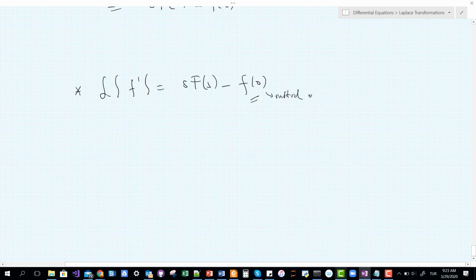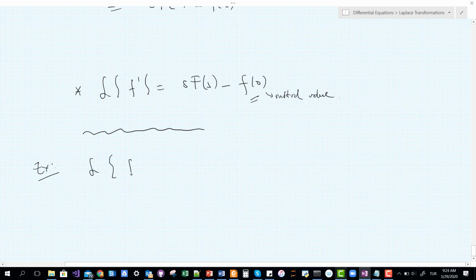So this is the initial value, guys. That's why it is important to know the initial value. And then you are going to be solving the initial value problem when you take the Laplace transformation of the differential equation.